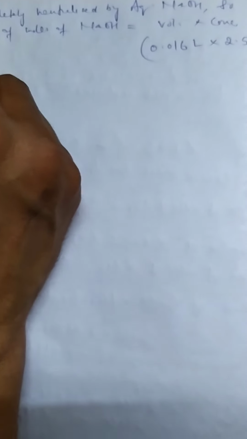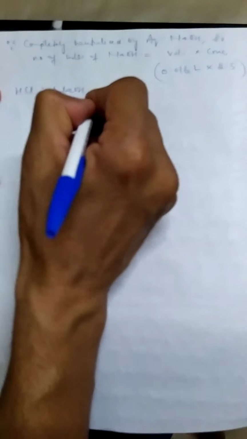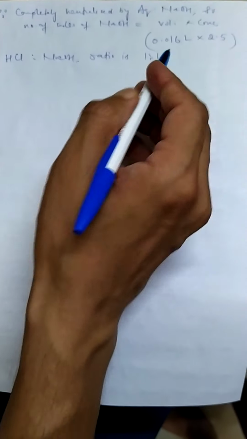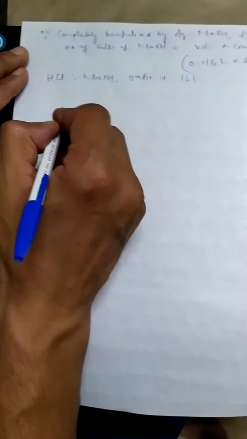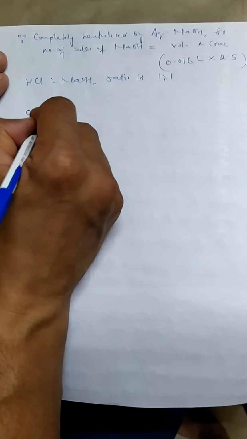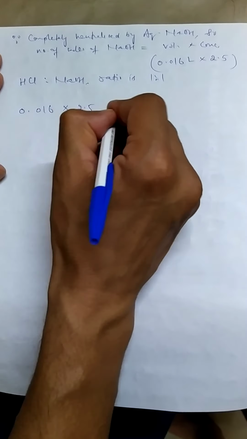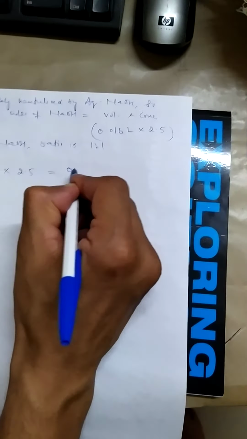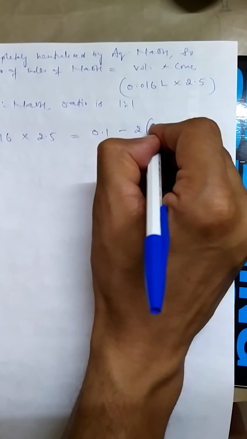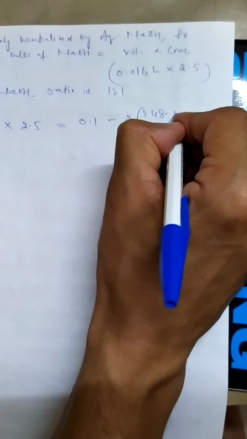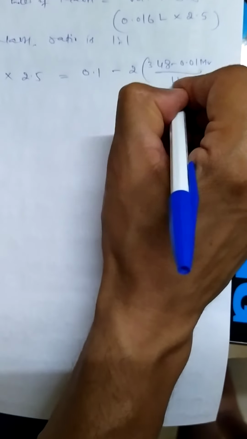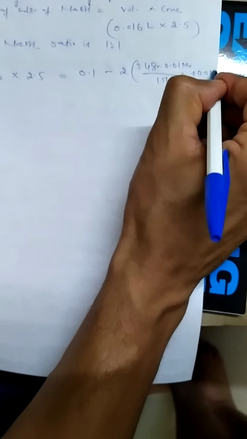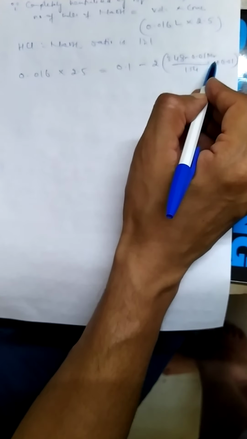And because the number of moles are equal, the ratio of HCl to NaOH is 1:1, so they must be equal. So we just put the two equations together. So number of moles of NaOH is 0.016 multiplied by 2.5. This should be equal to 0.1 minus 2 times 3.48 minus 0.01 Mr upon 154 plus 0.01. Now we just have to calculate the value of Mr out of it.